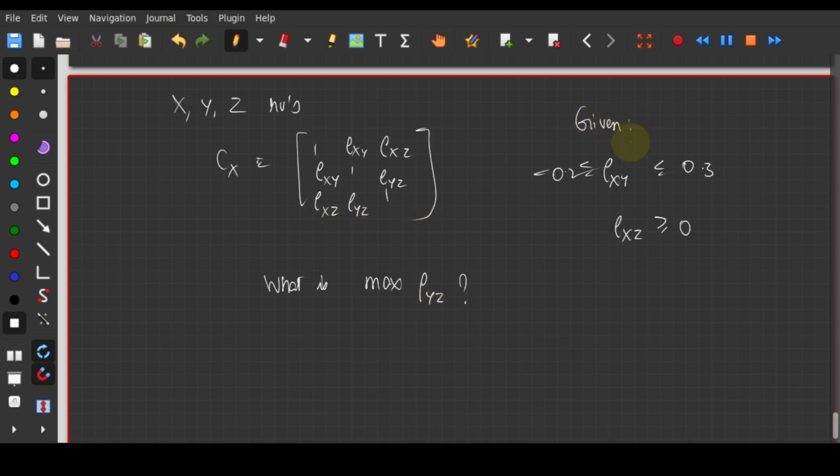So this is basically an optimization problem where your objective function is rho yz. You are given 3 constraints. One, that rho xy is between 0.2 and 0.3, rho xz is greater than or equal to 0. And the third constraint is that this matrix should be positive semi-definite, because it's a correlation matrix.